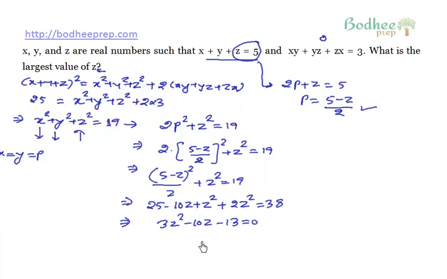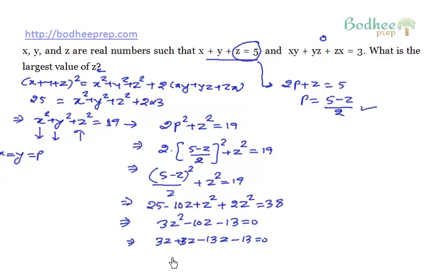So this is the quadratic equation. The roots for this, if I arrange, will be 3z square plus 3z minus 13z minus 13 equal to 0.